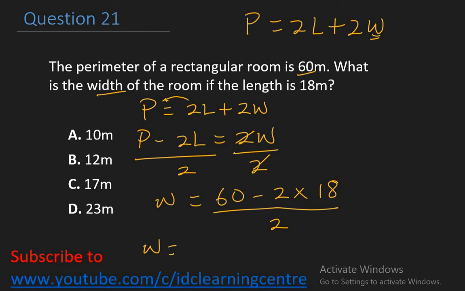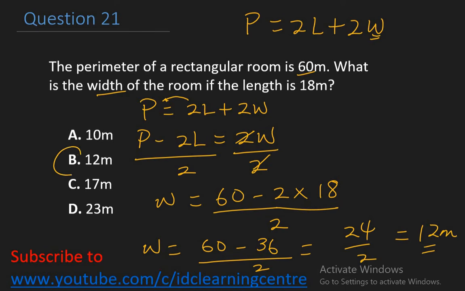The width will be 60 minus 2 times 18. 36. Divide by 2. 60 minus 36, 24. Now divide by 2. The answer is 12 meters. So the right answer is B.